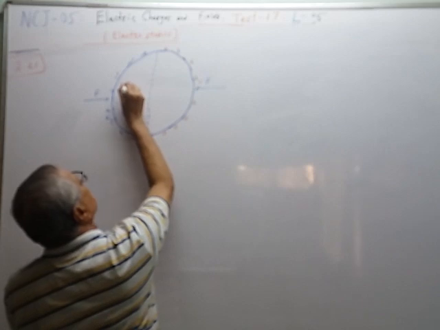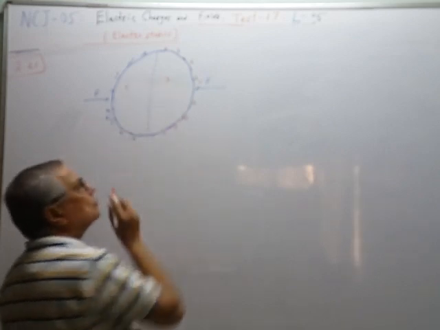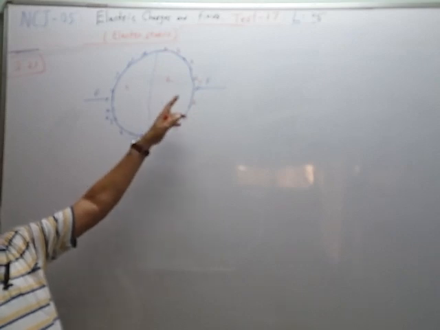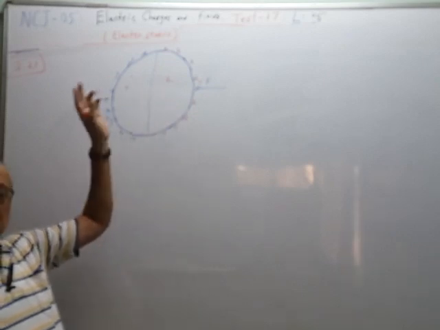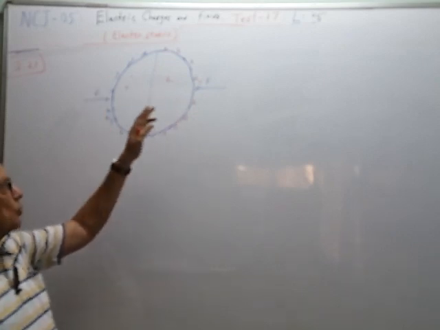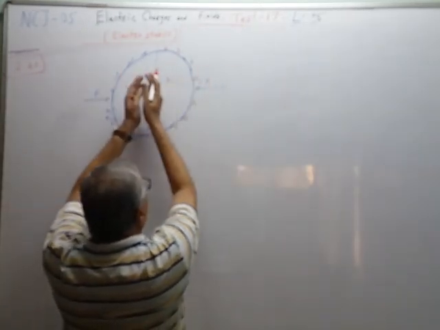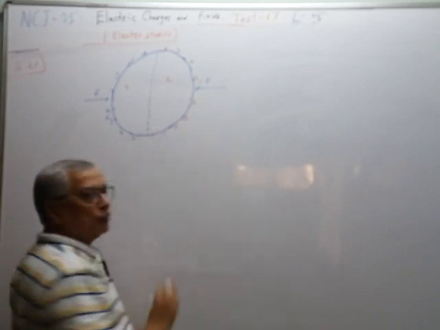So this is hemisphere number 1, hemisphere number 2. So both have positive charges, and between positive charges there is a force of repulsion. And because of force of repulsion, they will try to move away from each other. So we have to keep them in contact, therefore we have to apply the force.